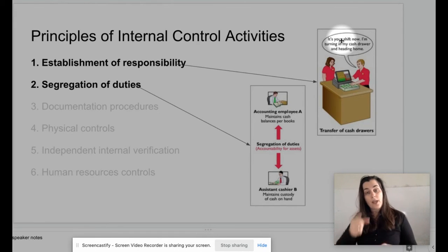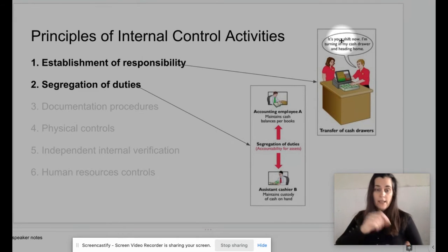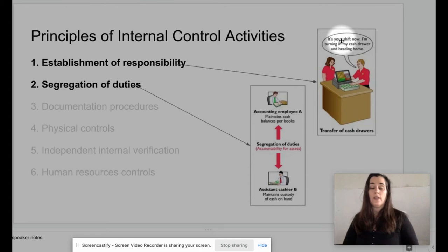And then we want to make sure that that person is part of a system where, when their shift ends, the manager counts the cash and has clear documentation of the cash that was in the register when that person's shift started and when that person's shift ended. Okay, so establishment of responsibility.